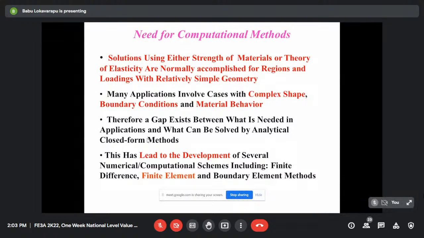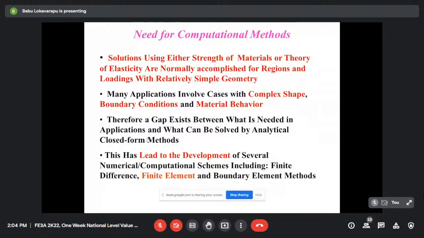generally in scientific problems or any basic engineering problems, there are two kinds of things. One is problems that come under simple geometry, simple boundary conditions, and the material is simply isotropic material.